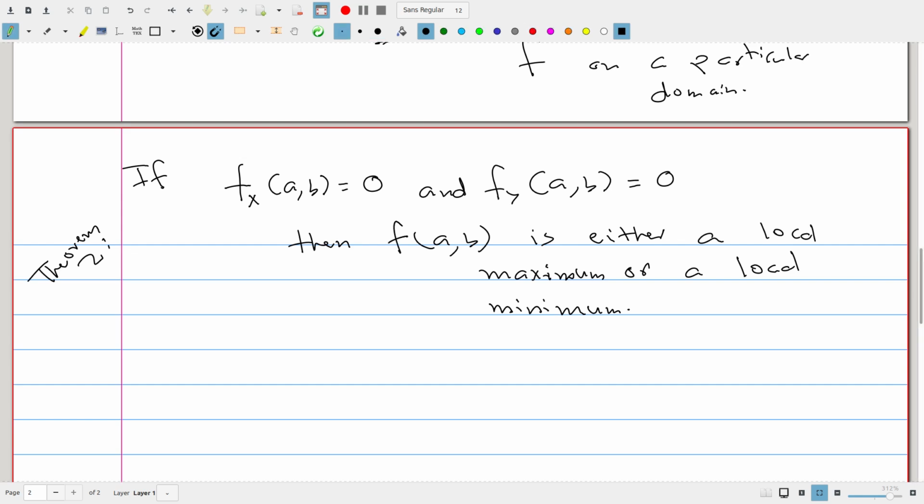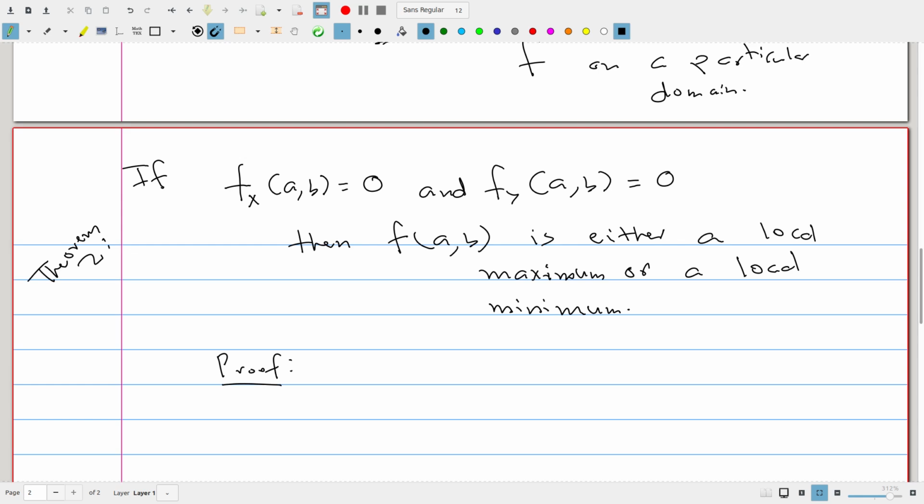Not (a, b). (a, b) is the point where you have your local maximum or your local minimum. Of course, we're assuming that the partial derivatives exist at (a, b). So how do we prove this?